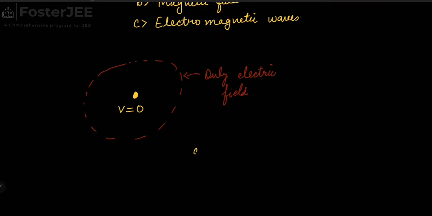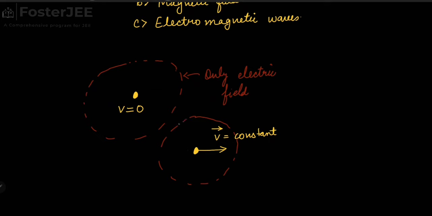The second part of this point says if a charge is moving with some velocity v, which is constant, and the vector is constant, then it will create electric field also and magnetic field also.